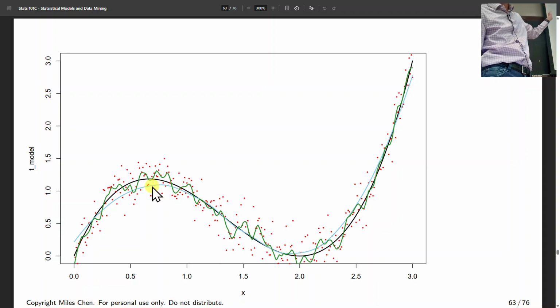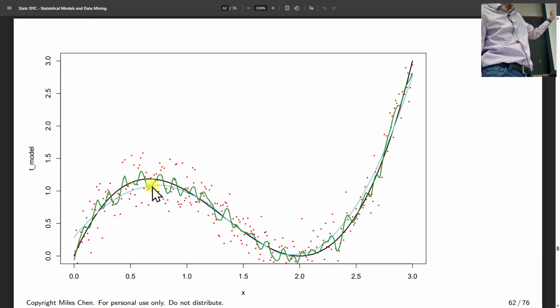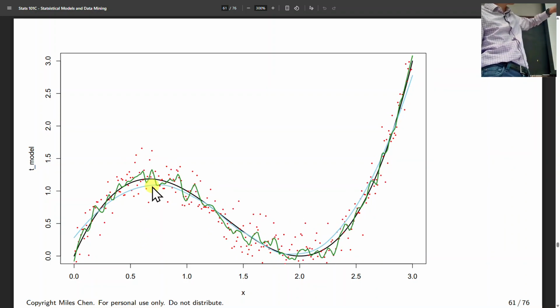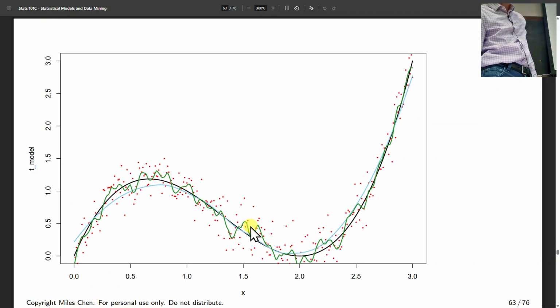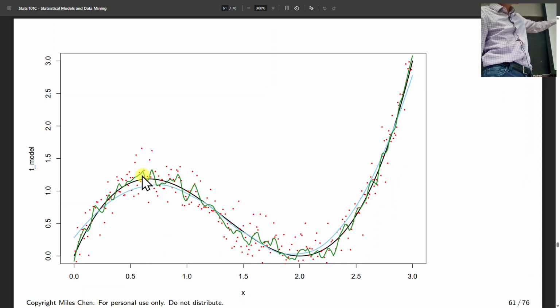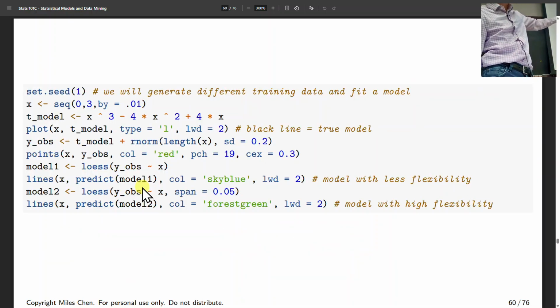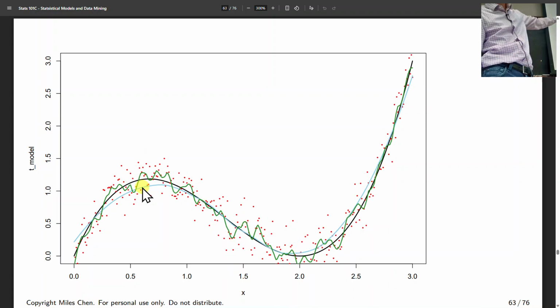But if I did this like a million times and I took the average of all millions of those things, it will be centered probably around the true relationship of the black line, okay? But with the blue line, you can see it's consistently below the black line over here, right? Consistently, it's too low right here, okay?